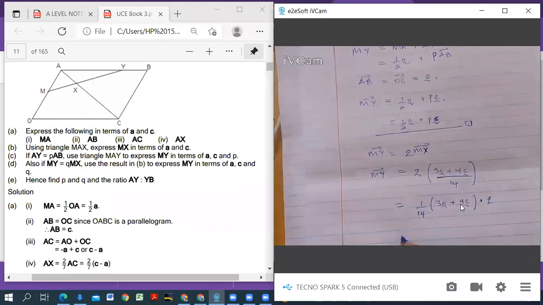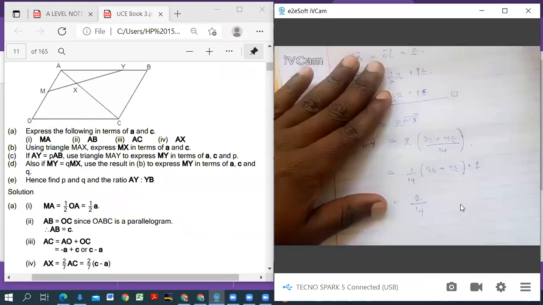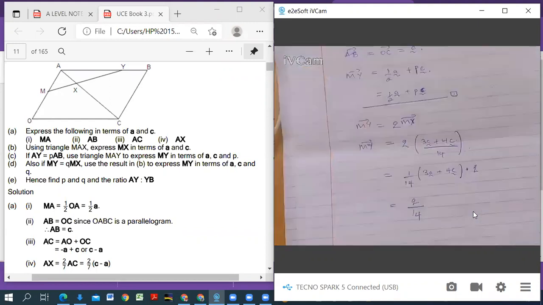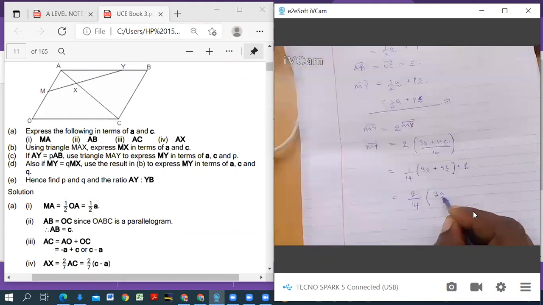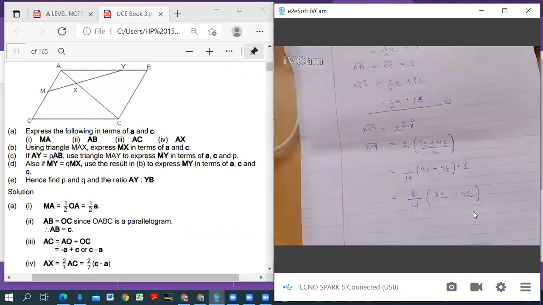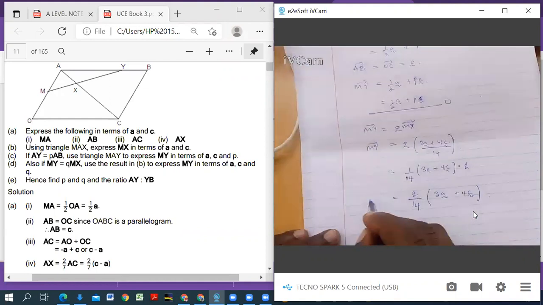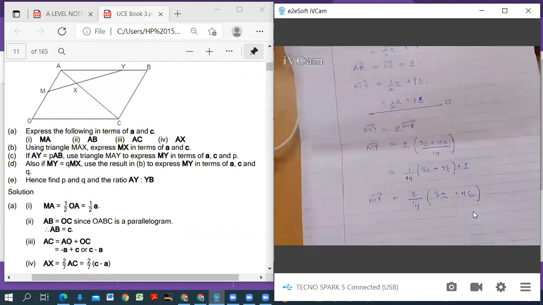So I get Q/14 into 3A plus 4C. That is MY. So you can open brackets there if you want, but you can leave it there. That's it.